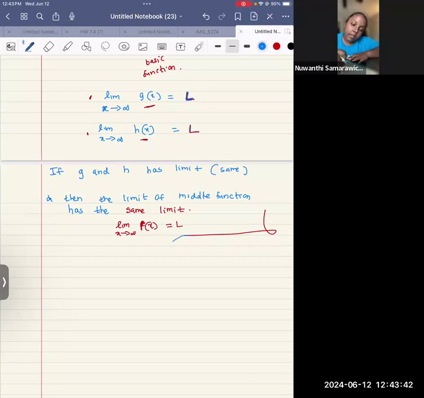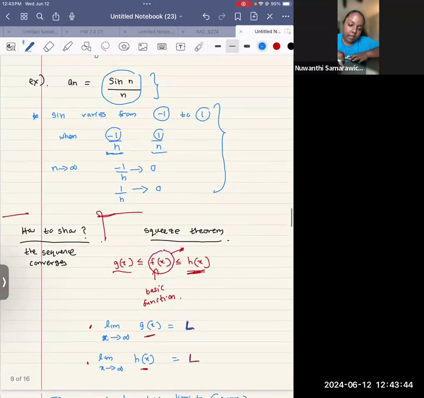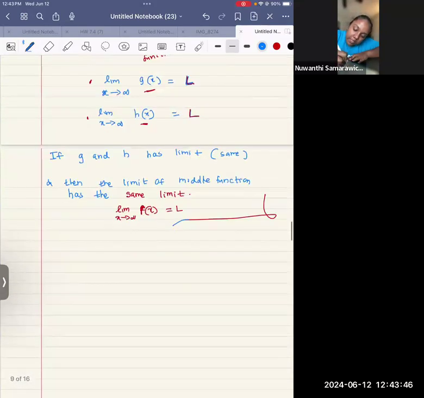Here we have sine n. Your question is a sub n equals sine n divided by n. By the graph of the sine function, you know sine n is between 1 and negative 1.